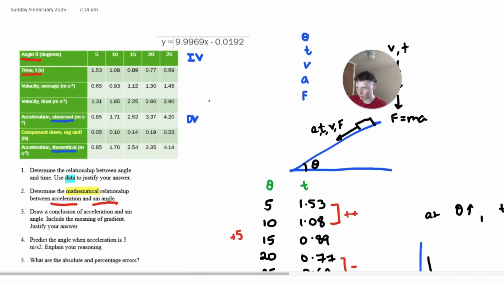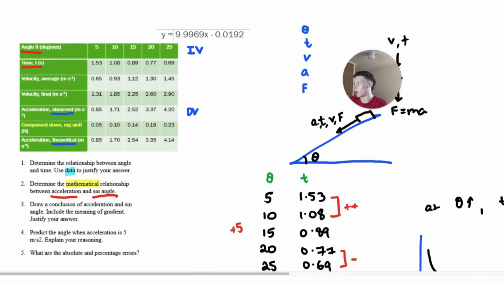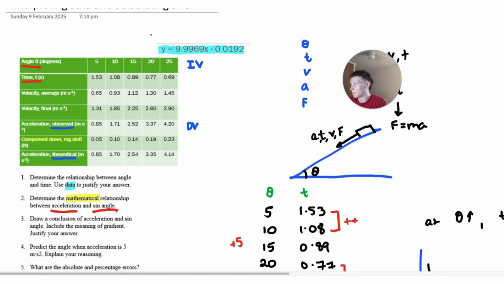Therefore, we can come up with our actual equation for the graph. Again, I have no context here, so this might be wrong. But I'm going to assume that your graph measures acceleration as the y component and sine of theta as the x component.